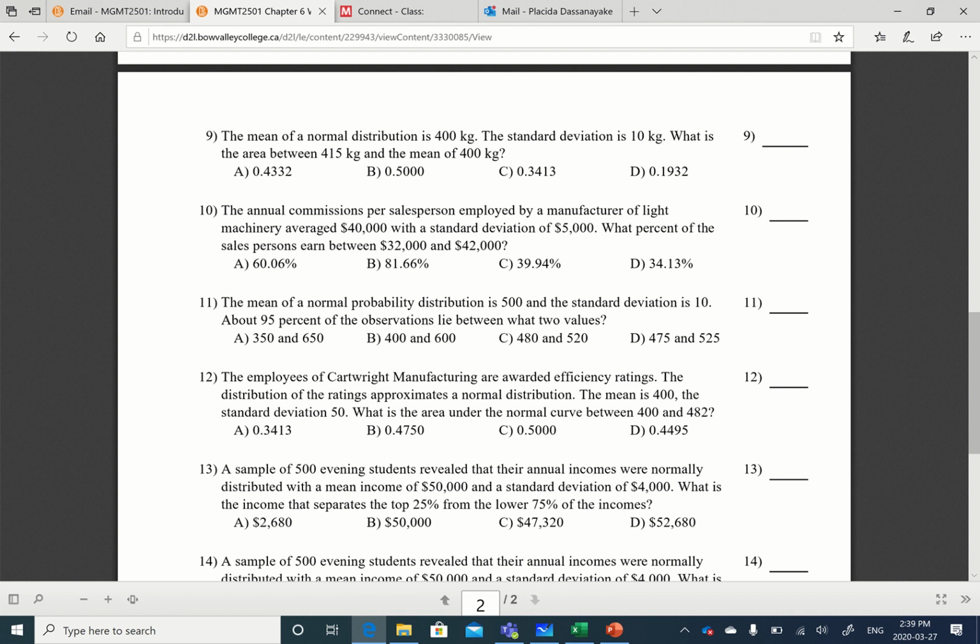The mean of a normal distribution is 400 kilograms. The standard deviation is 10 kilograms. What is the area between 415 kilograms and the mean of 400 kilograms? So we need to know the probability that the weight is between 400 and 415.